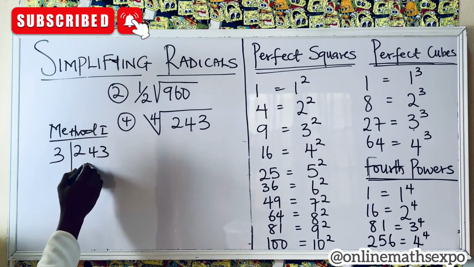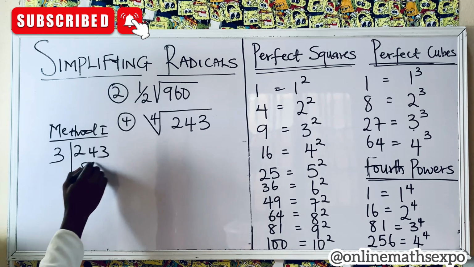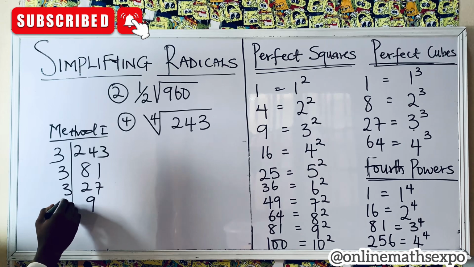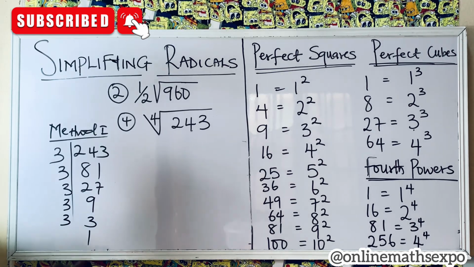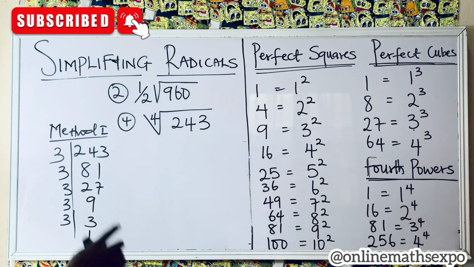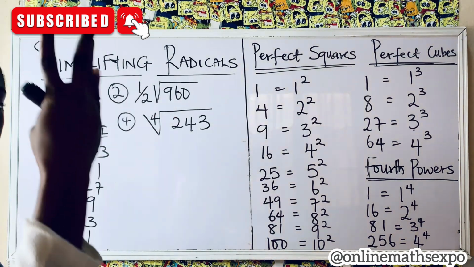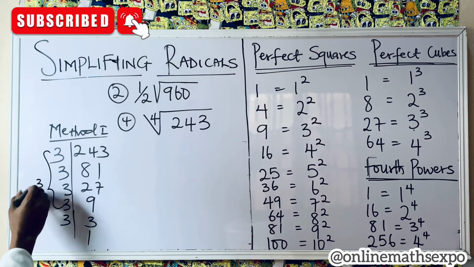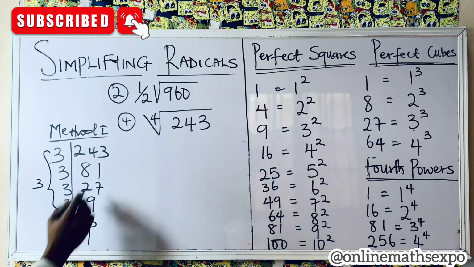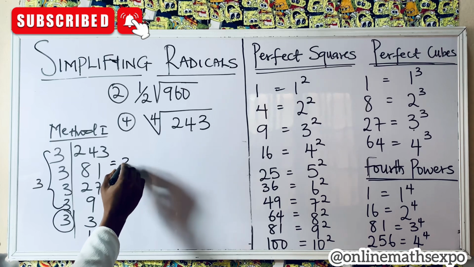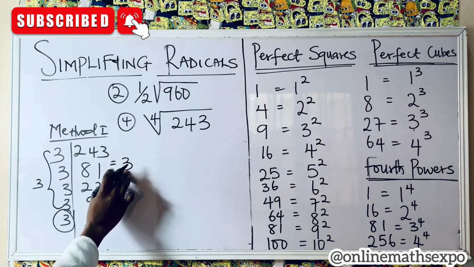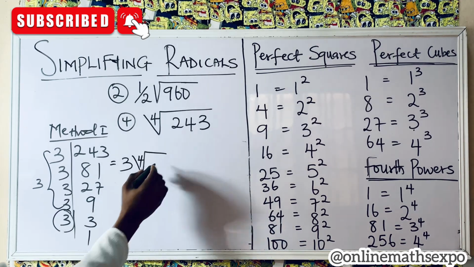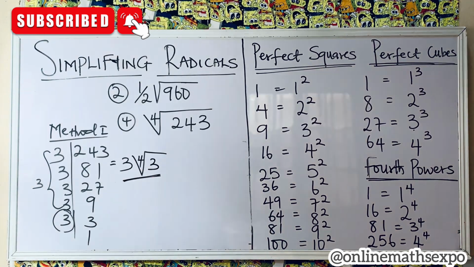When 3 divides this, it will give us 81. 3 divides this is 27. 3 here is 9. 3 is 3, and 3 in itself is 1. Because it's 4th root, you are going to group in 4. So we have 1, 2, 3, 4. You take 1 out. This will remain there. And in that case, you are going to have 3, this 3 here. Then you have 4th root of this remaining one here, which is 3. And this is your answer.